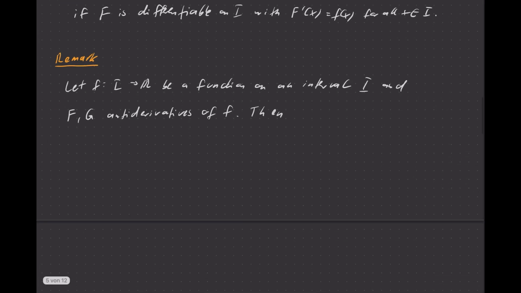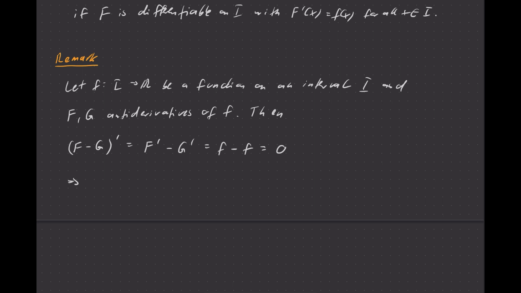Then if we have a look at their difference, F minus G, and differentiate that, then due to elementary differentiation rules, this is F prime minus G prime. F prime is small f, and G prime is also small f, because they are both antiderivatives of small f. And of course, f minus f is 0. So the derivative of F minus G is 0.